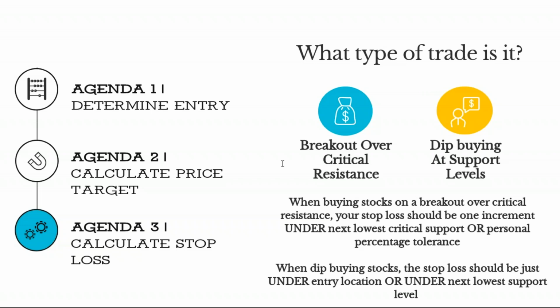knowing the amount of capital you're putting into the trade, let's say that per trade you risk $3,000. Well, that starting point can be used to calculate your personal percentage tolerance or reward ratio.